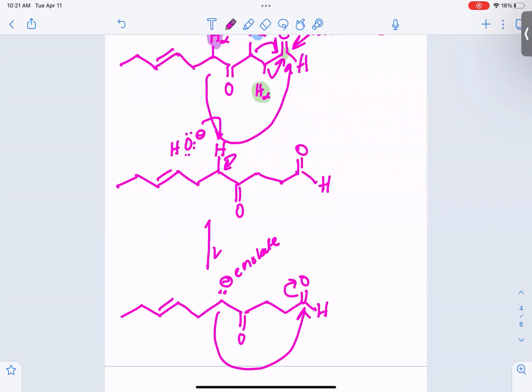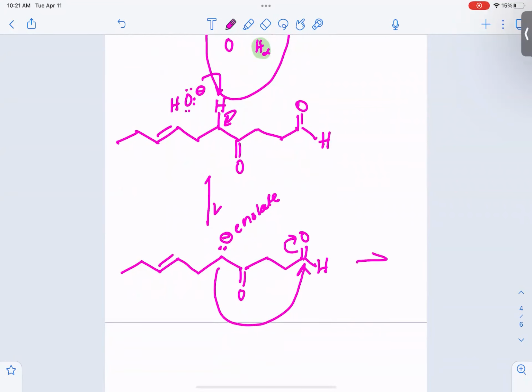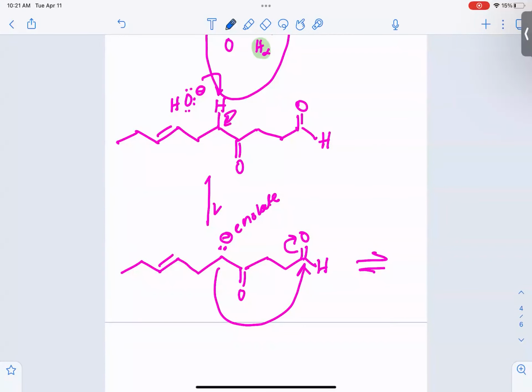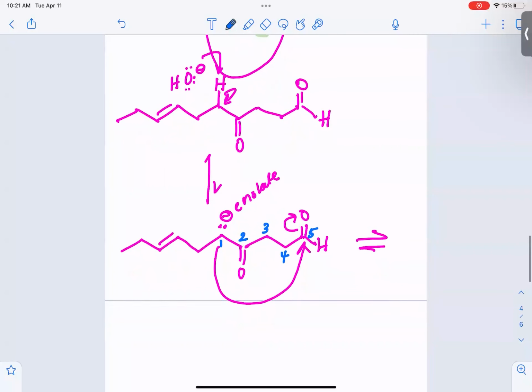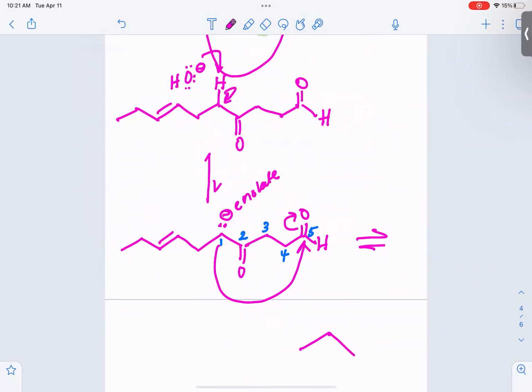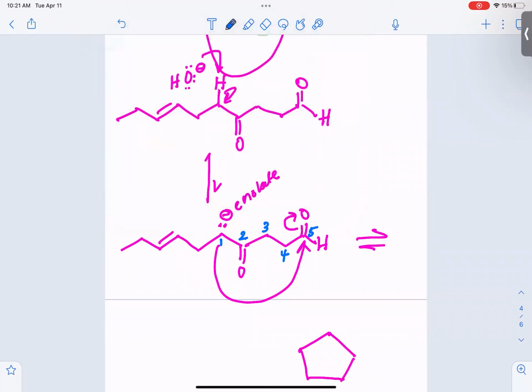My electrons go out onto the oxygen. One, two, three, 4, 5. One, 2, 3, 4, 5.